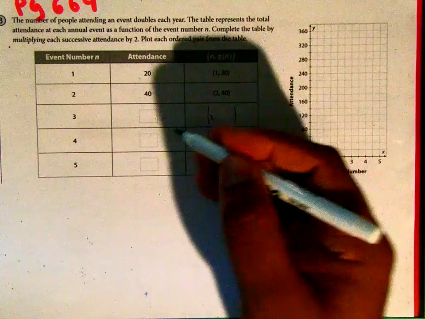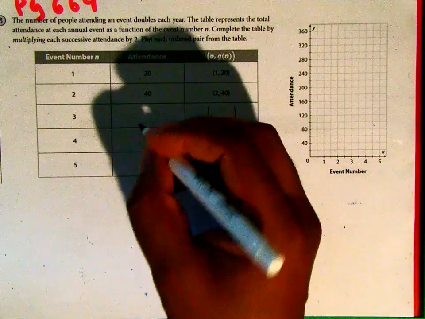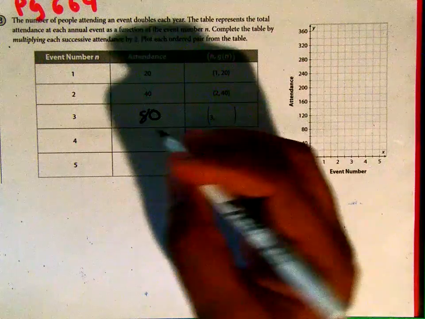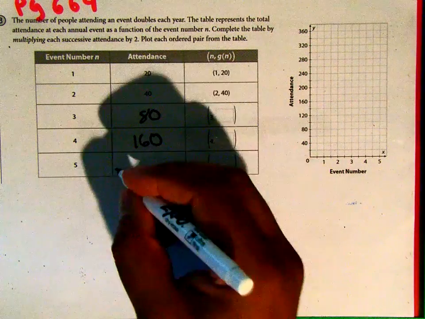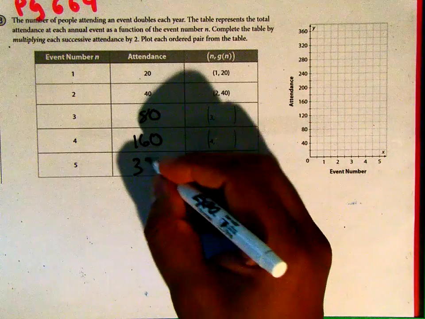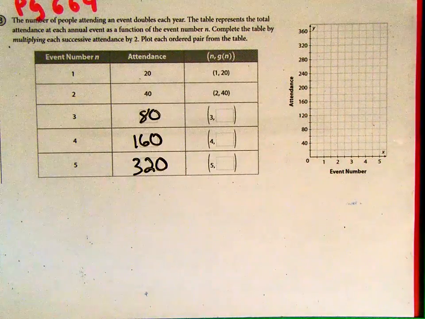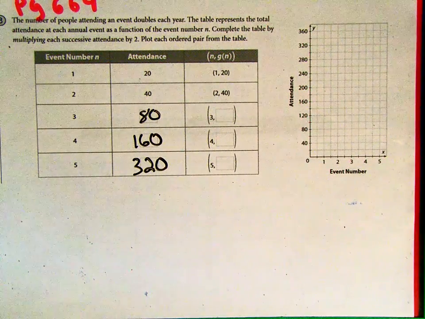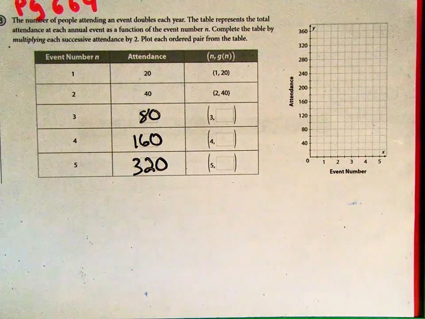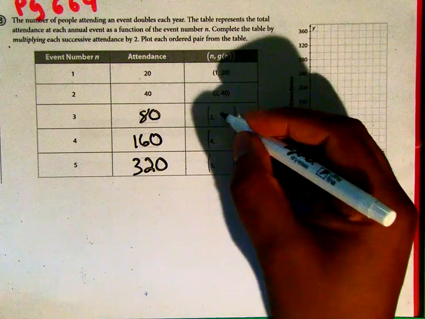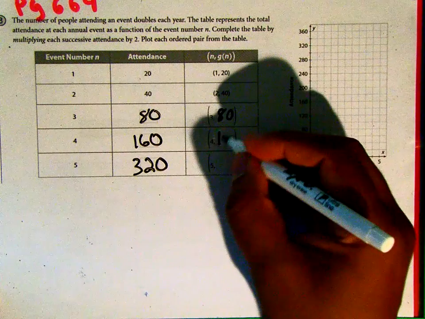So 20 by 2 is 40. 40 times 2 is 80. 80 times 2 is 160. And 160 times 2 is 320. Okay, and again, this is just the ordered pair, so these numbers are going to be the same.